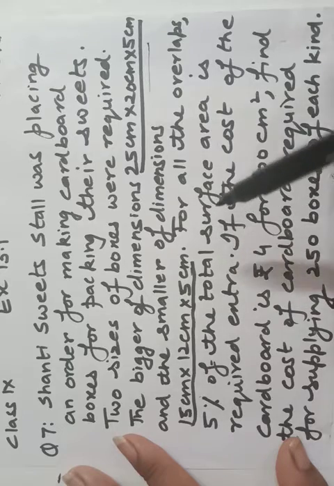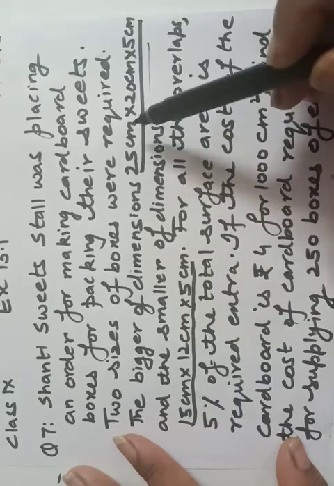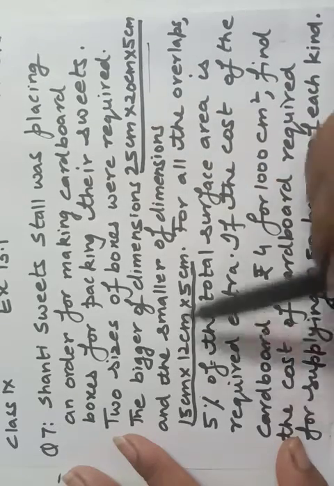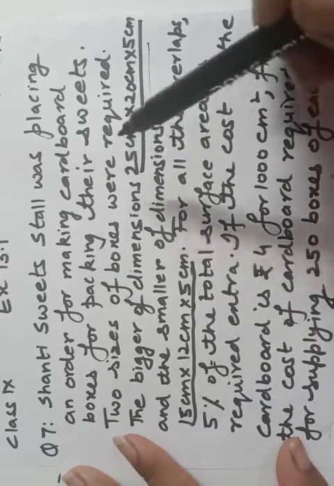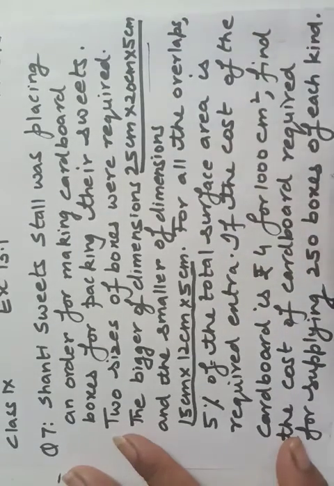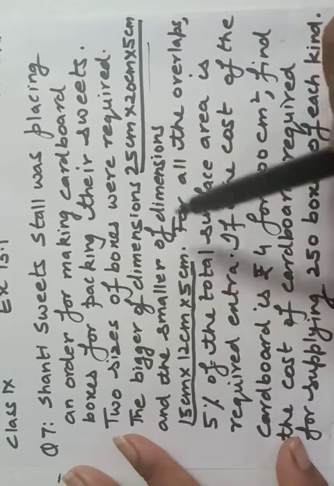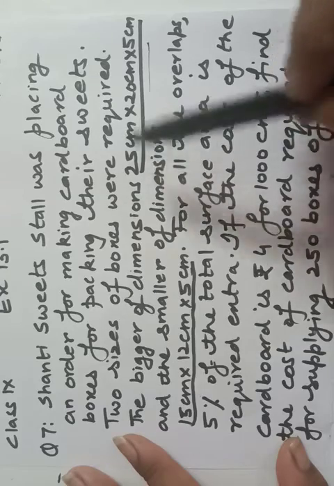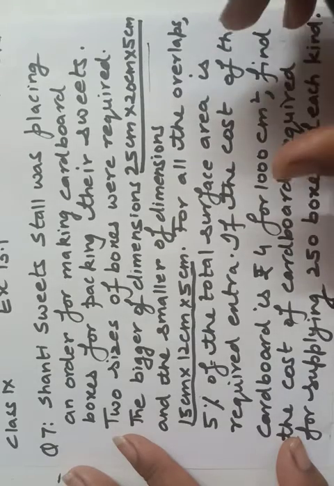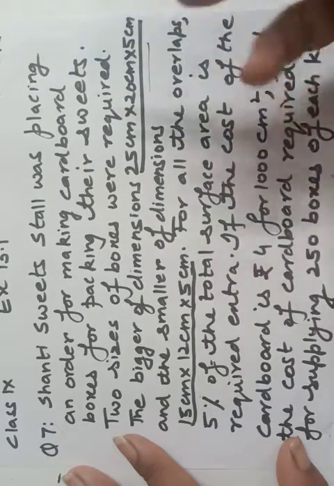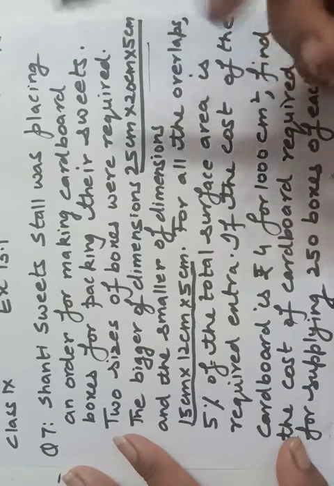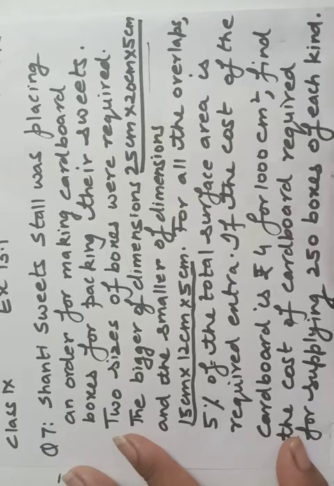It means there are two methods. After finding the surface area of each box, we find 5% of that surface area and add it, doing this separately for each. Or, first we find the total surface area of the bigger one and of the smaller one, add them, then find 5% of that total and add it for the overlapping.